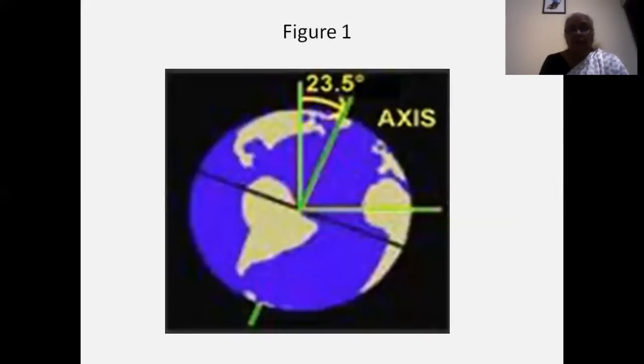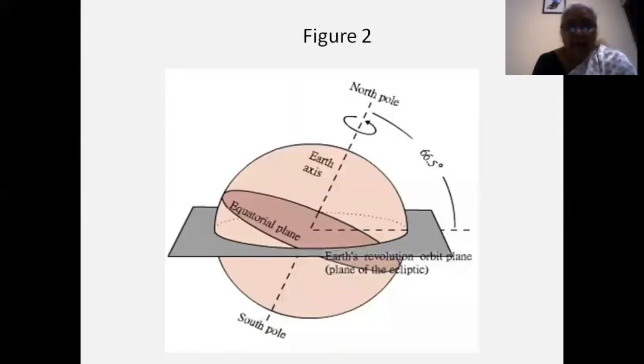So if you see the figure here, you have the axis tilting from the vertical by 23.5 degrees to the right. And then from the horizontal plane, it is 66.5 degrees.